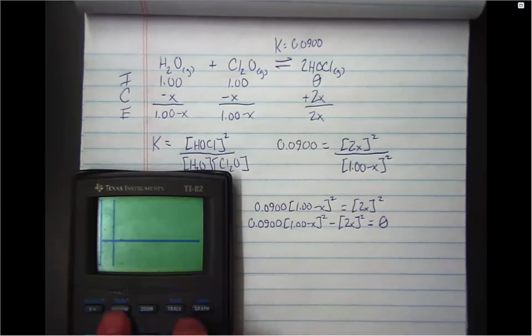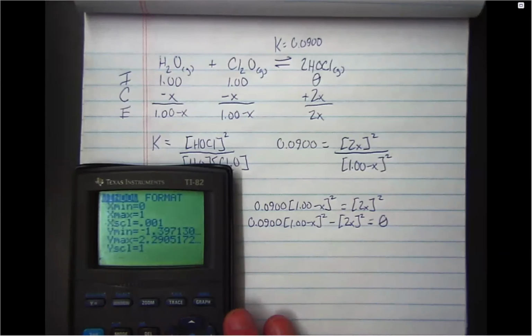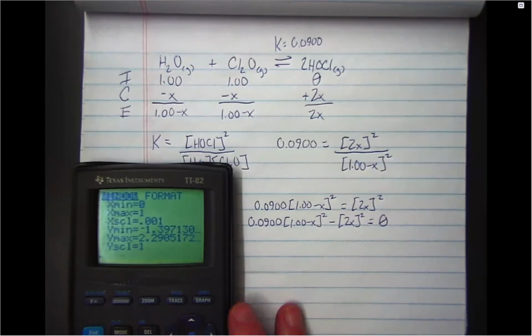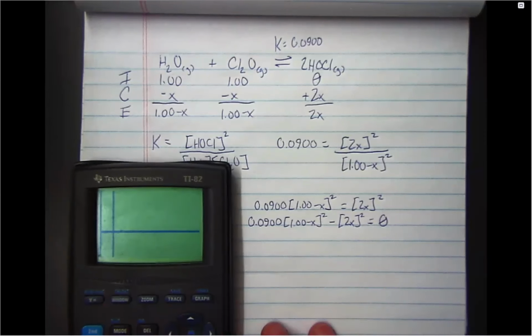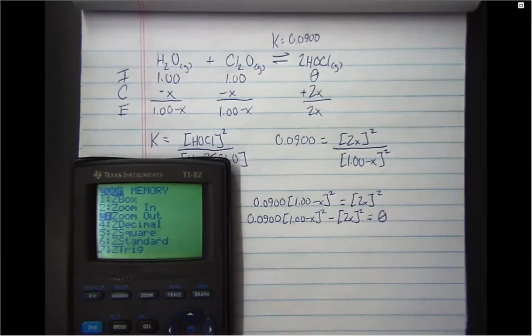All right. When I hit window here, I know that my X value that I'm looking for is going to be somewhere between 0 and 1. So that's what I put in for those. And then when I graph, I can see the place where I'm crossing that X-axis. If we want to see a little bit more of the graph, I can always zoom and go to zoom out.